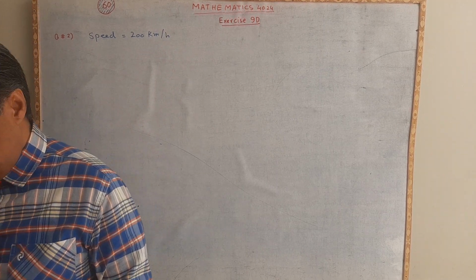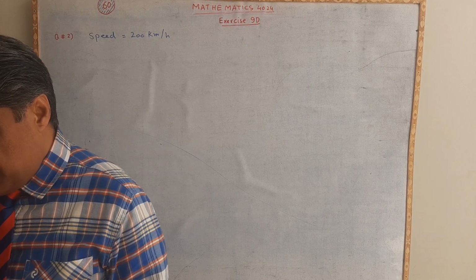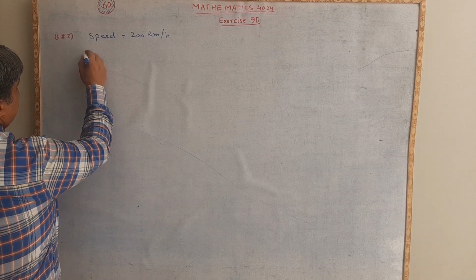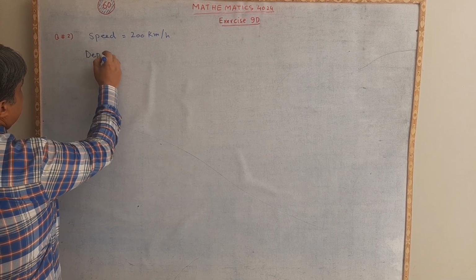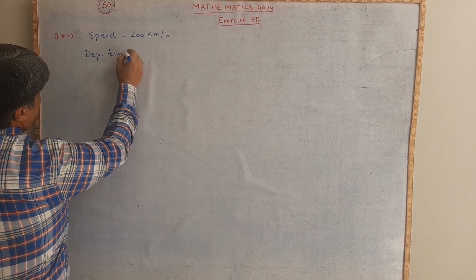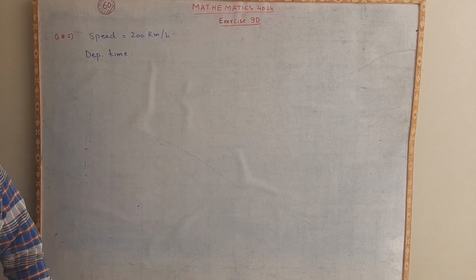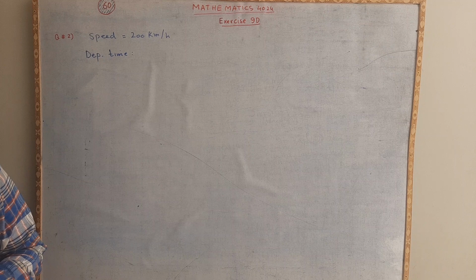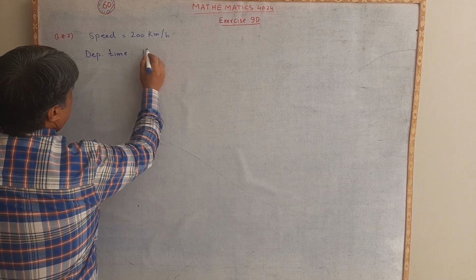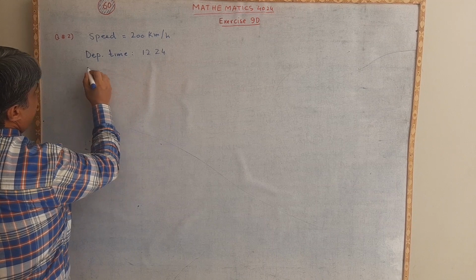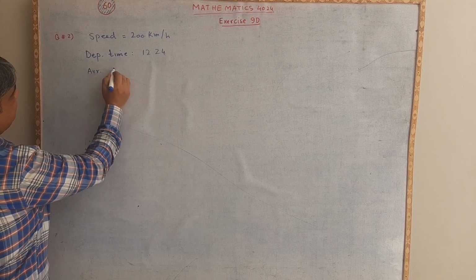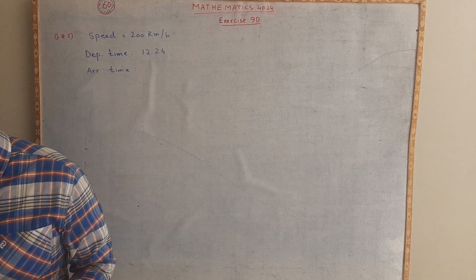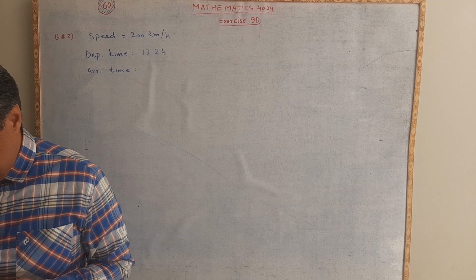Then the question is saying if the train departs from station A, the departure time from station A is 12:24, and the arrival time is given as 14:12.